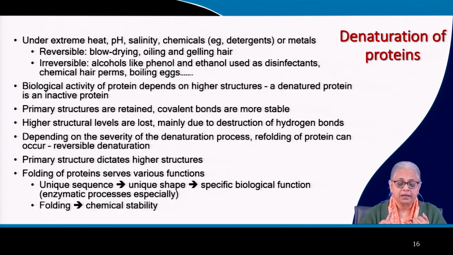When you apply either heat, acid, salt, salinity, or certain chemicals like detergents, ammonia and so on, or metals, any of these factors can cause disturbance to these higher level or even the primary structures.